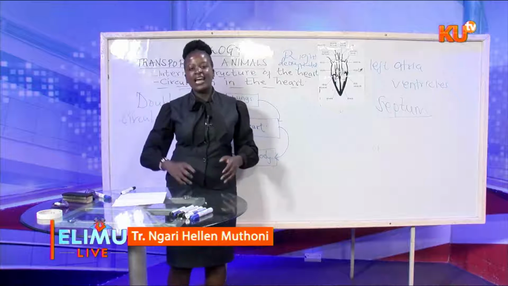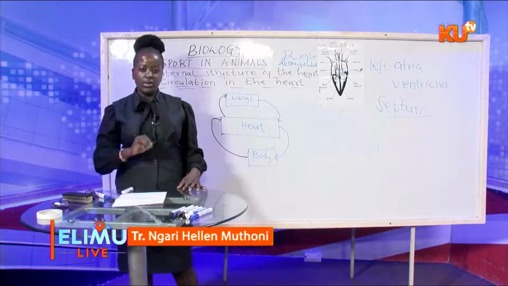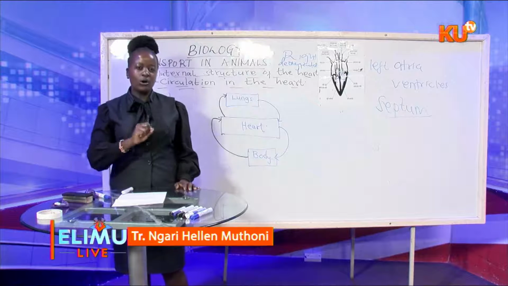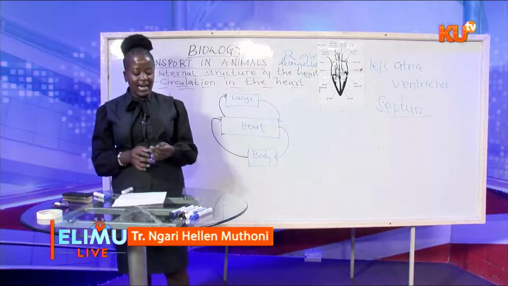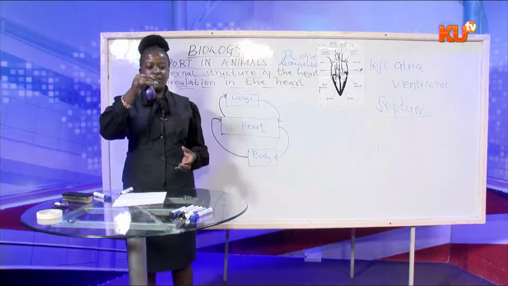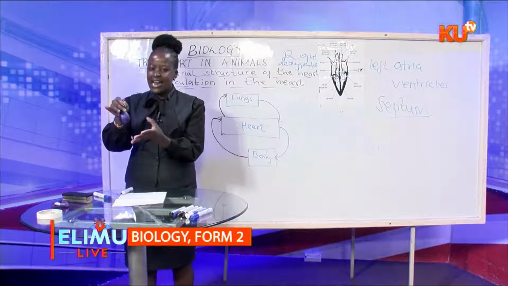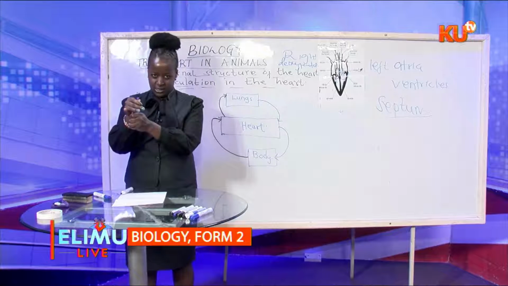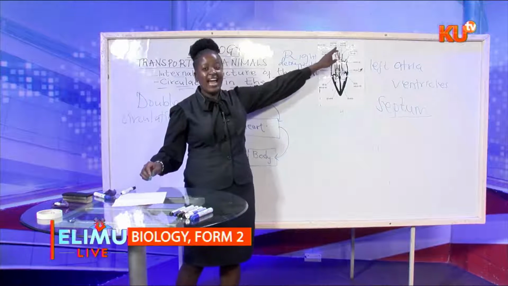And the pulmonary artery is the only artery in your body that carries deoxygenated blood. So if the blood has filled the ventricle and it contracts, it will push the blood into the pulmonary artery.